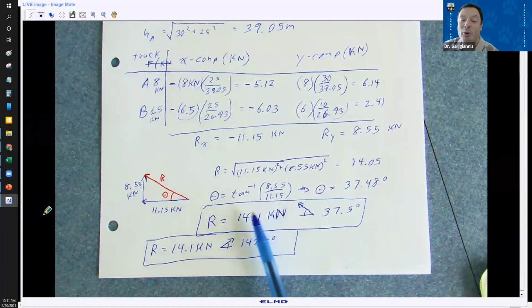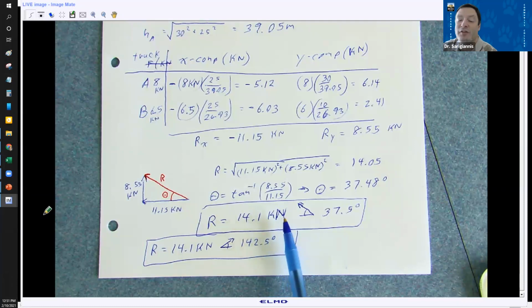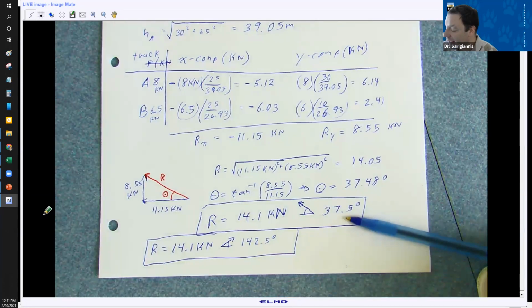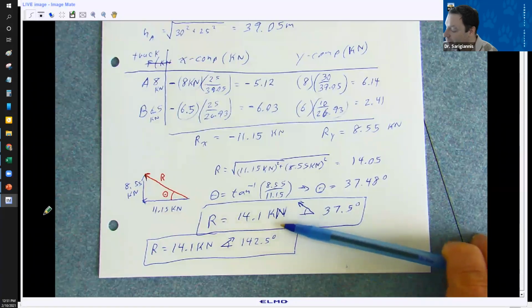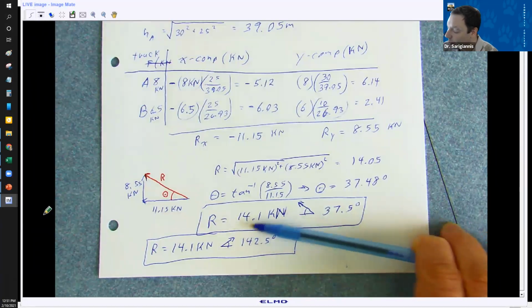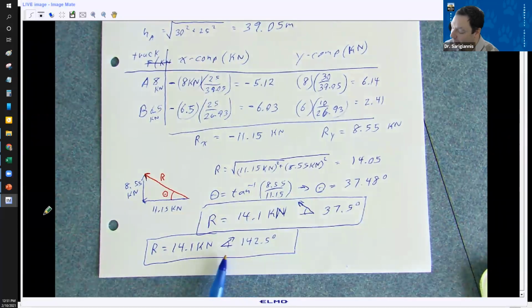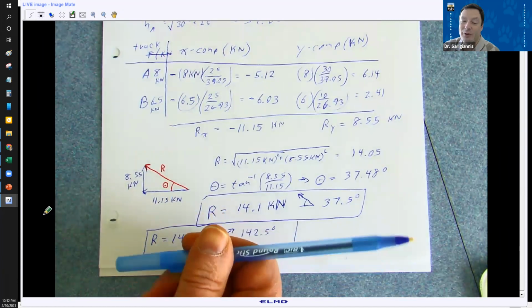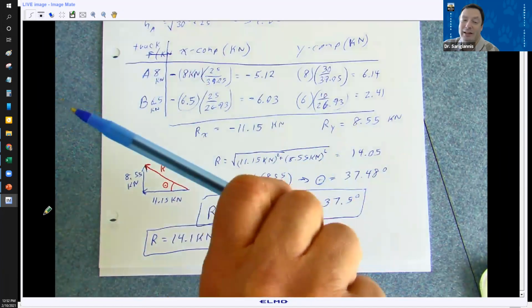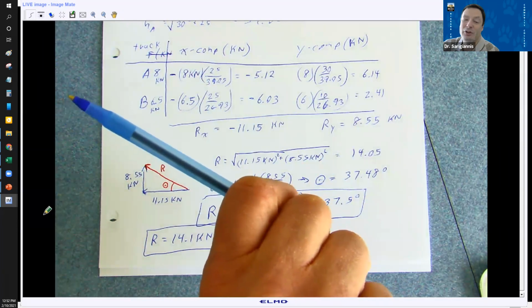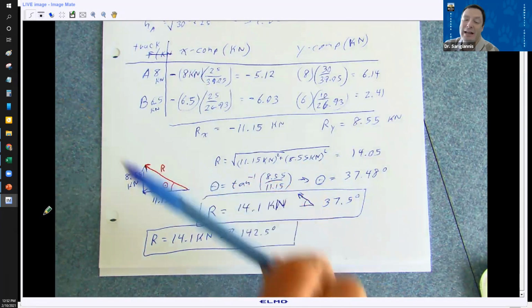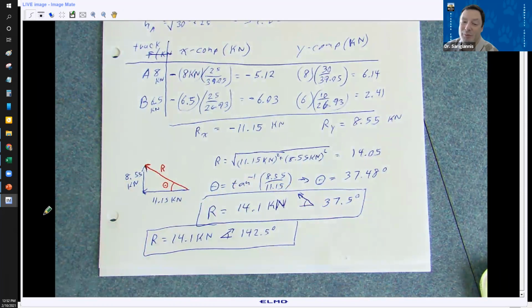I'm saying I'm pulling 14.1 kilonewtons worth of force at 37.5 degrees off of the left-facing horizontal axis, right? This one's telling me I'm pulling 14.1 kilonewtons at 142.5 degrees off of the right-facing x-axis, which means I got to rotate all the way around until I'm like this, right? Which is basically 180 minus 142.5, which gives you the 37.5.